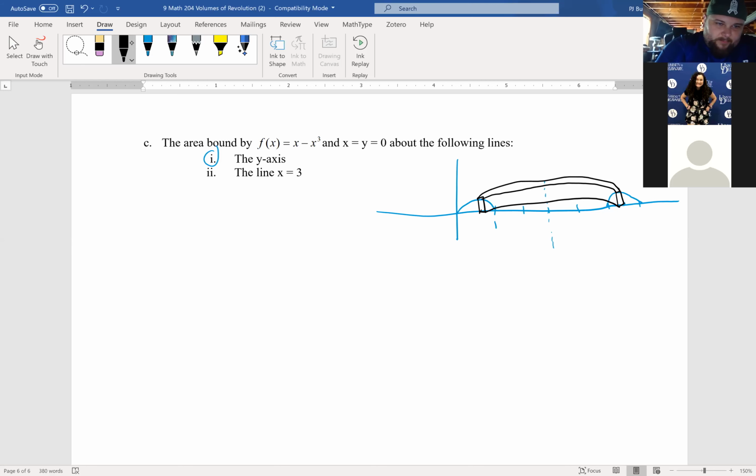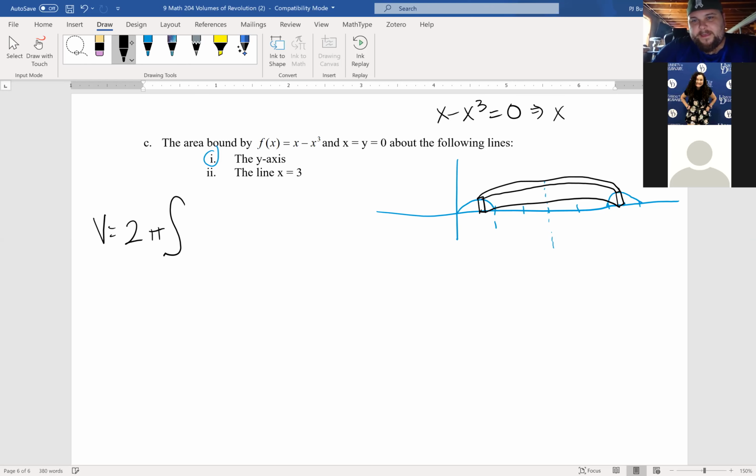Now, my volume is always 2 pi integral. My bounds, I need to find out when does x minus x cubed cross the axis, right? So that point and that point. And that's pretty simple.